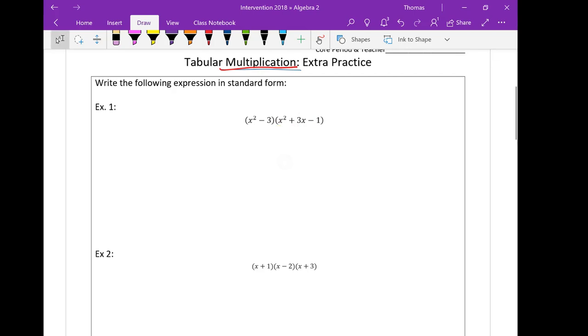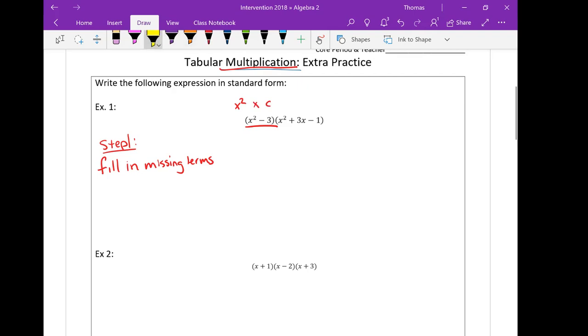The first step for this process is our goal is to make a table. So we're going to want to make sure we have any missing pieces we might need filled in ahead of time. Step 1, fill in missing terms. Looking at our first term, the highest is an x squared. Normally after x squared we expect to see an x and then a constant.